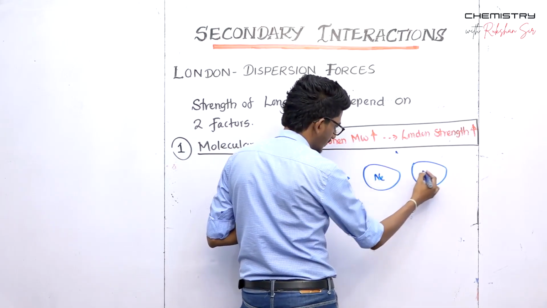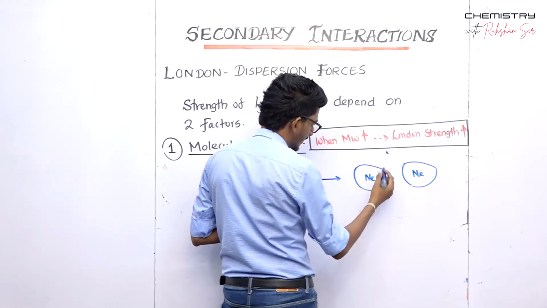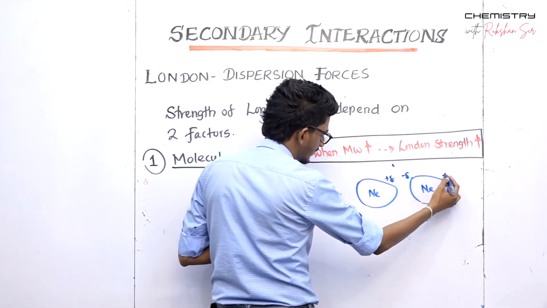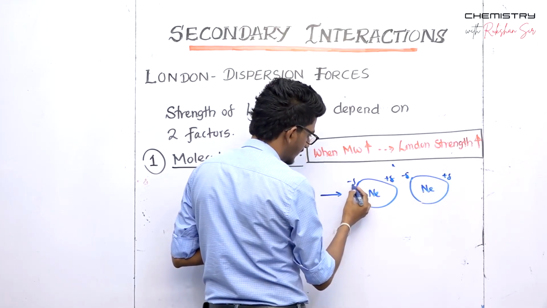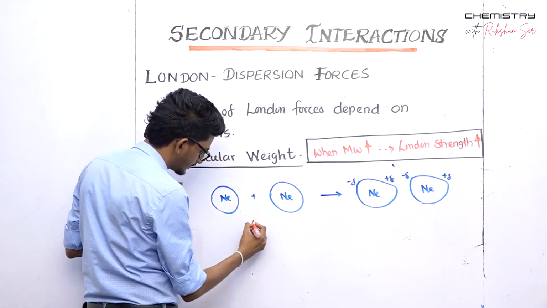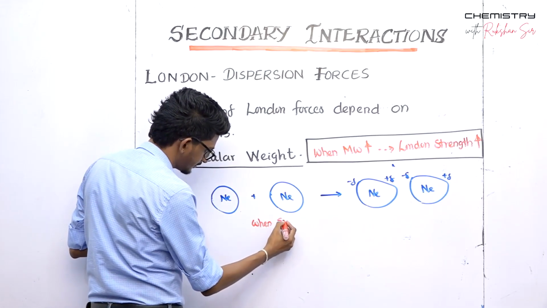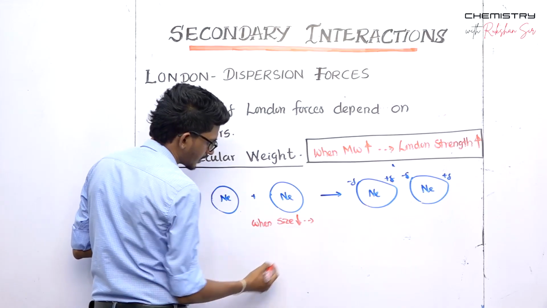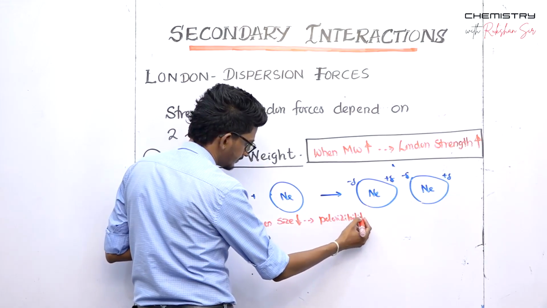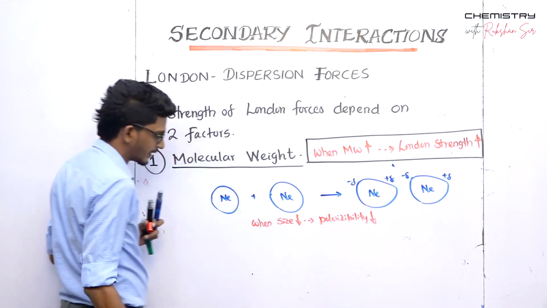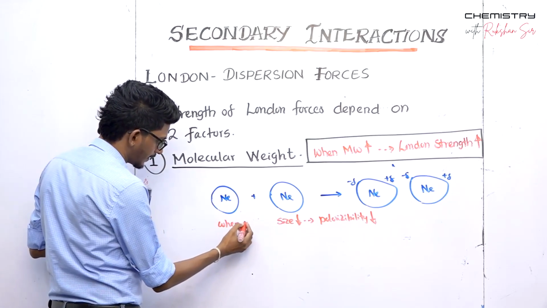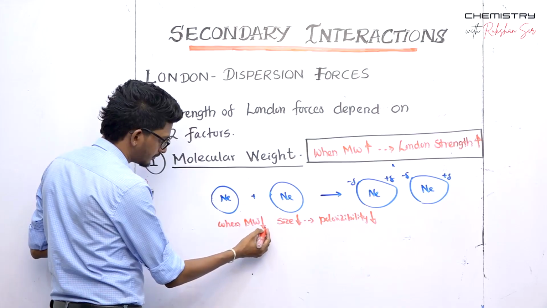Actually polarizability is low when the size is small. That is what happens when molecular weight is low.